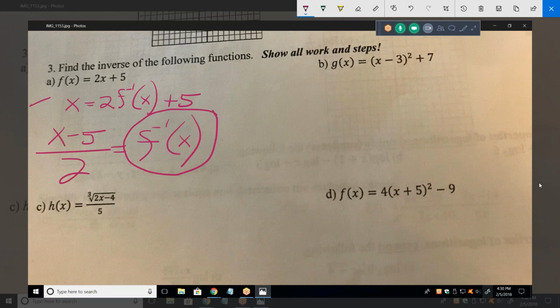In other words, if you just call it y, swap the variables, solve for y, and put it down as your answer, I think you'd lose a point. So in B, let's do it, only let's make sure we call it y. And then when we get done, let's make sure we call y g to the minus 1 of x. Okay, so read the lines.